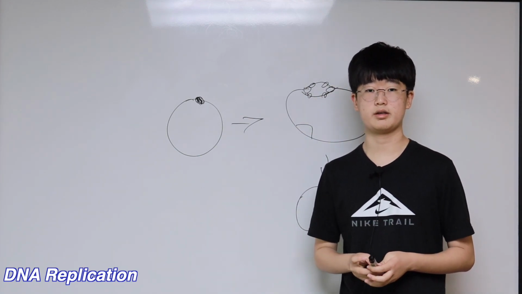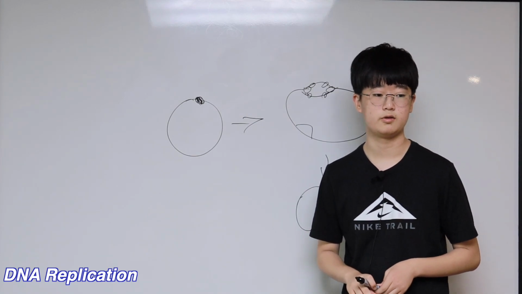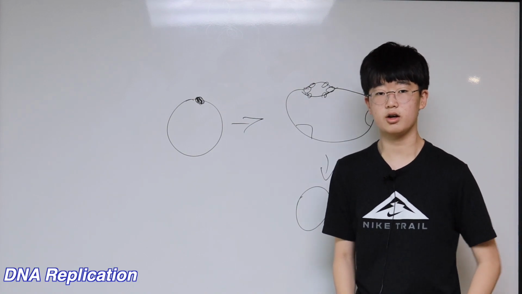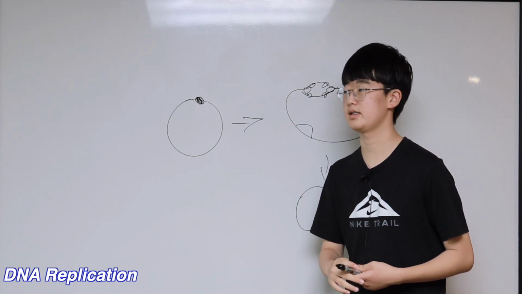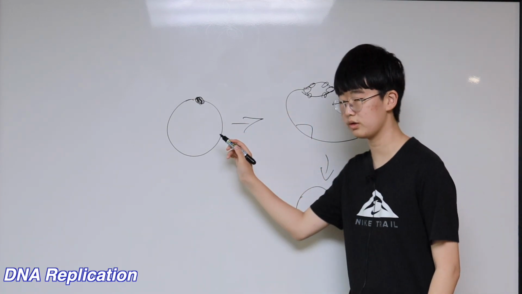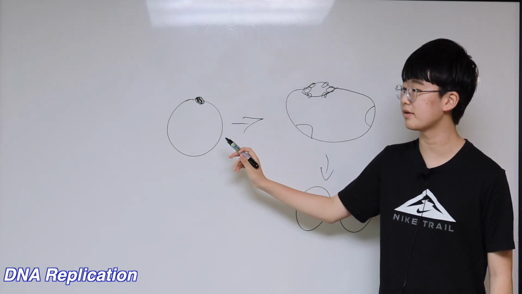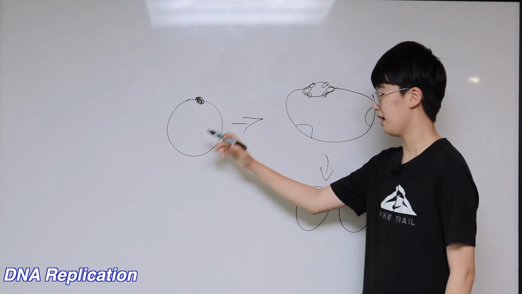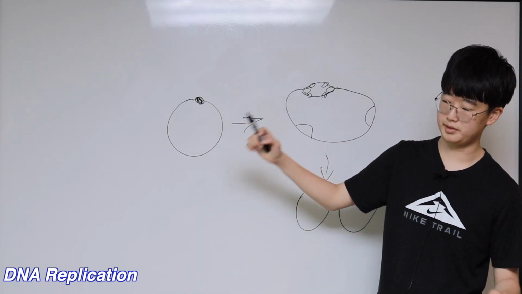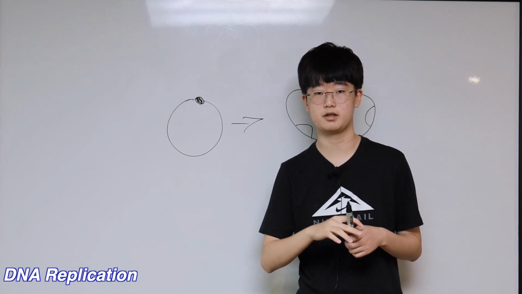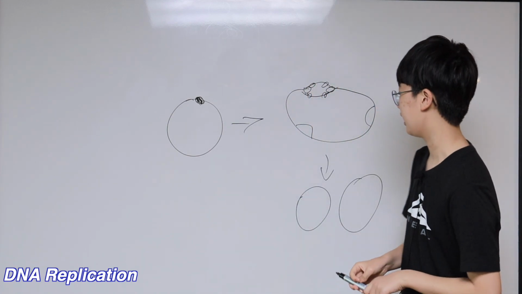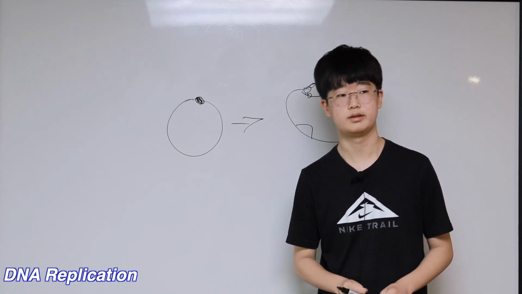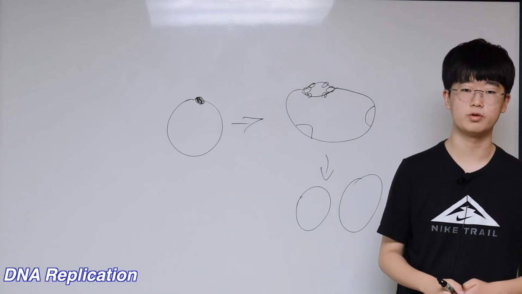So 30,000 for 46 chromosomes. E. coli is a very simple prokaryote, but it is still a living creature, having one ORI and taking 30 minutes to replicate, while we have 30,000 ORIs. That is a lot. And that's about all for ORIs.